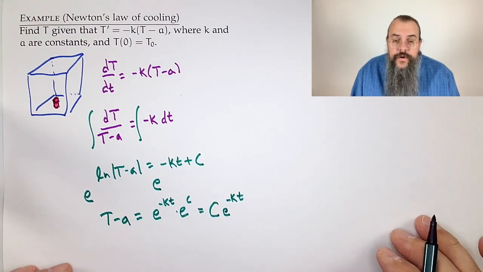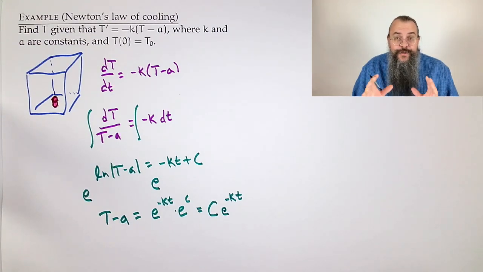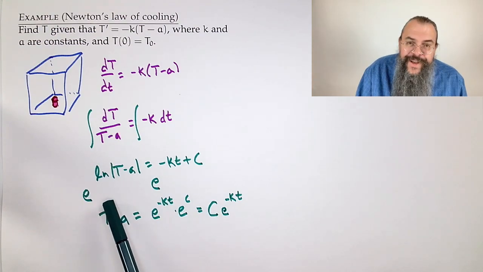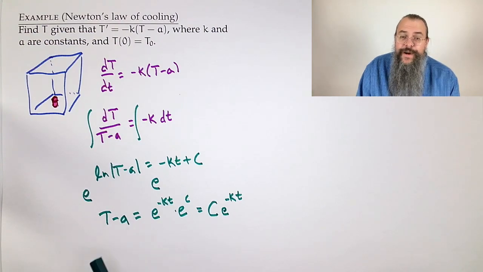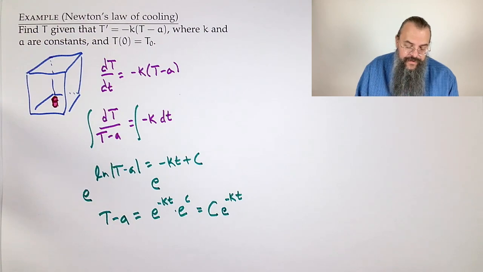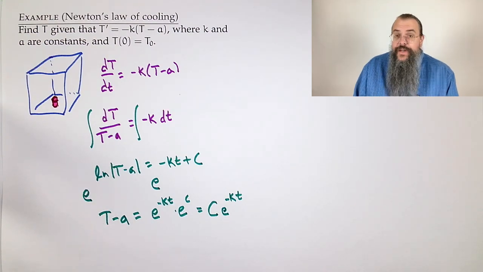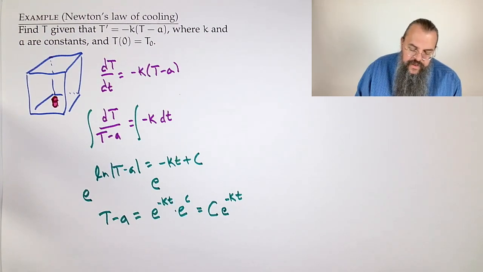Okay, good. Now, you might have some questions here. What happened to the absolute values? Why do you just write T minus A? Here's why we can get away with this. The reasoning here is to say, well, look, you see this C?